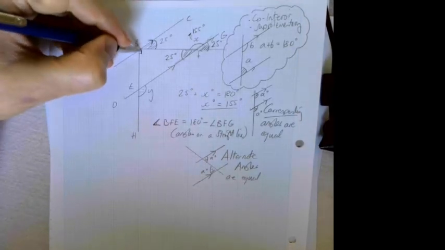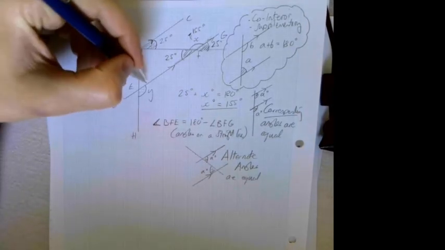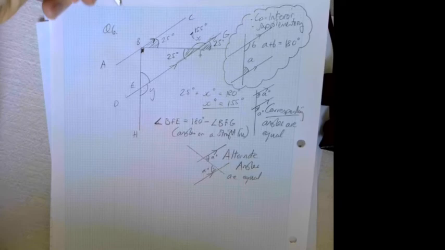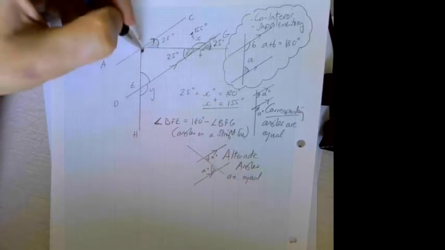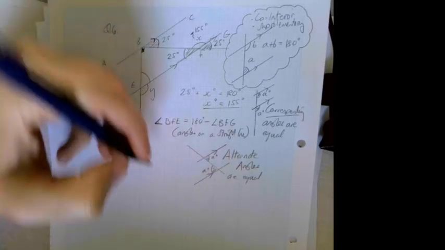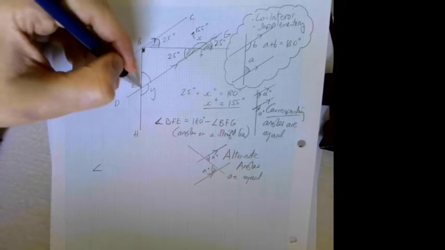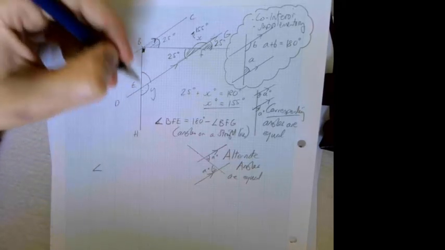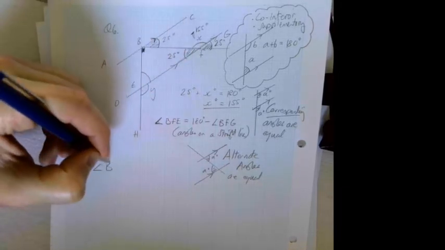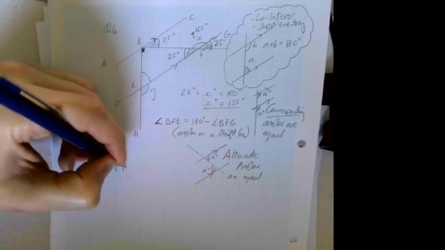You're told this is 90 degrees. So if we're trying to find this angle here, then we've got a triangle. So I can say that angle, what's this angle going to be called at E here? It's going to be called angle BEF. Other names are available.